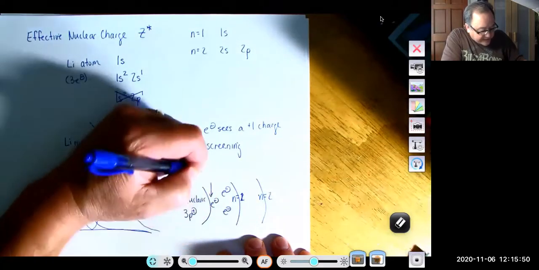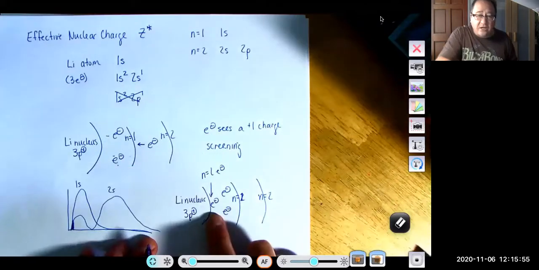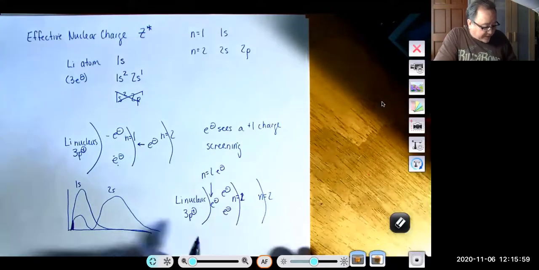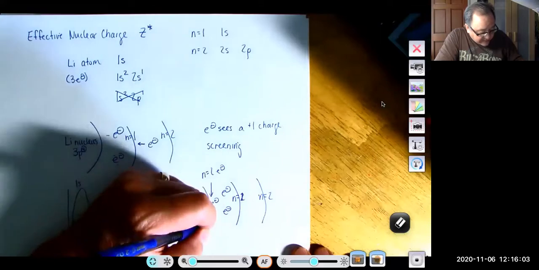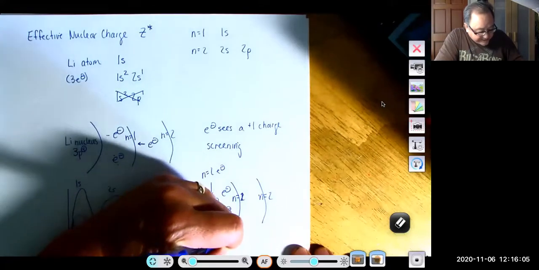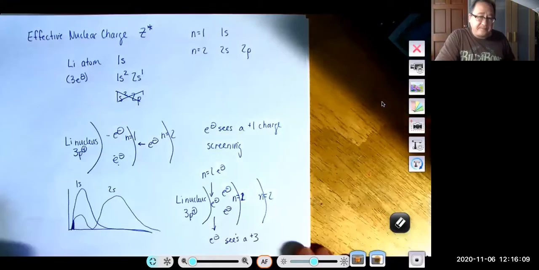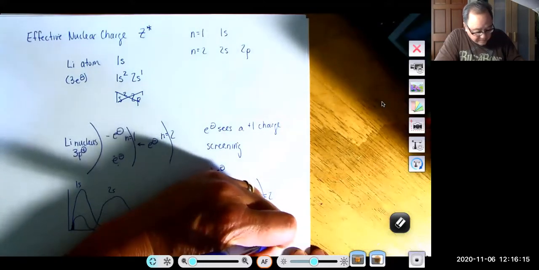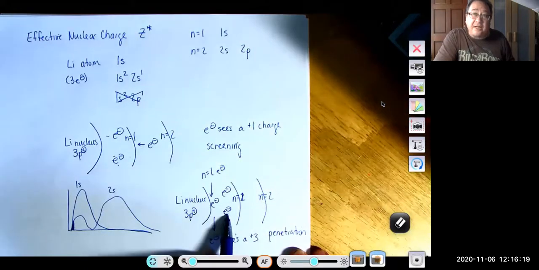And this is the n equal 2 electron. Do you see how it's a lot closer to the nucleus than these 2 electrons? So here, the electron sees a +3. So they call this penetration, because it gets inside of the screening of these 2 electrons.